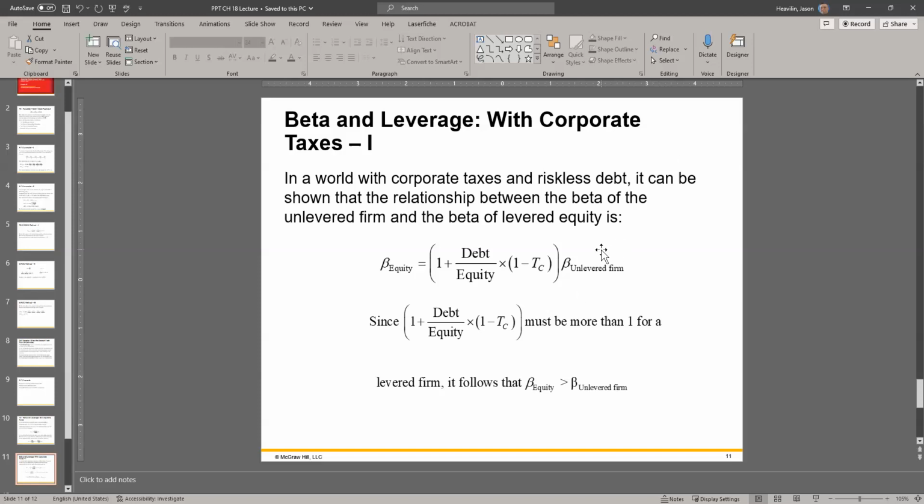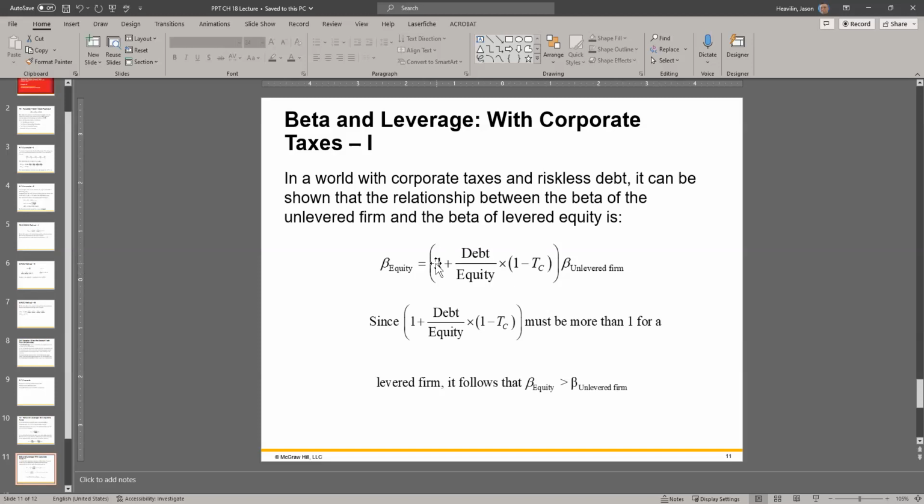So we're taking as the beta of a debtless firm, which is just the beta of equity of unlevered, multiplied by the debt element that now you're adding. Now you get a new equity beta. Now notice this 1 plus here is important because no matter what number you get here, this is always going to be a positive number.